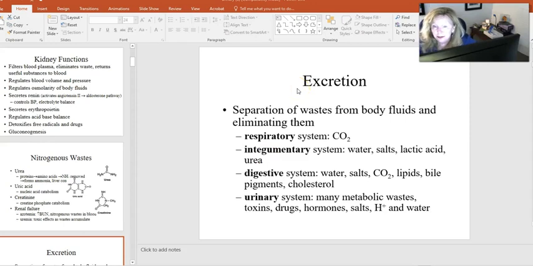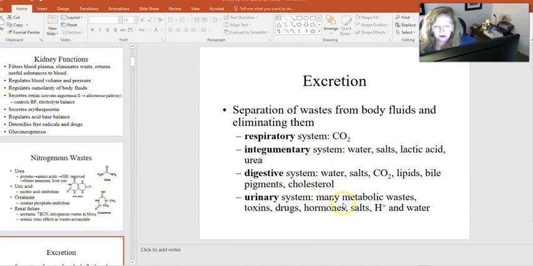So the urinary system isn't the only excretory system. There's also the respiratory system. We're breathing out CO2 and in the process getting rid of the hydrogen ions. The integumentary system, we can excrete a lot of waste through our skin. The digestive system, and obviously the urinary system.